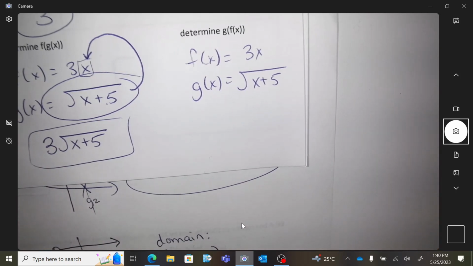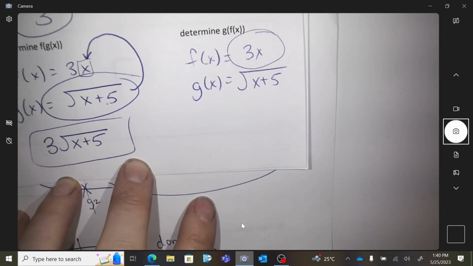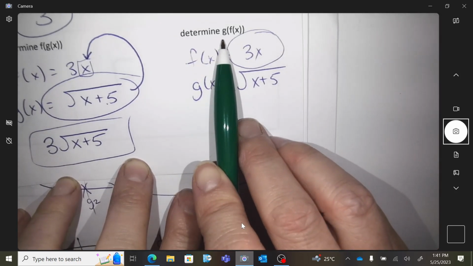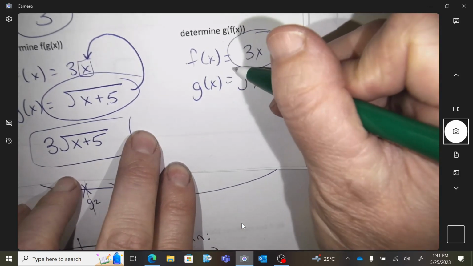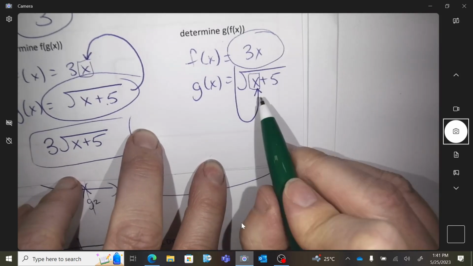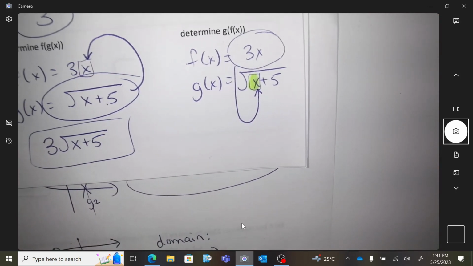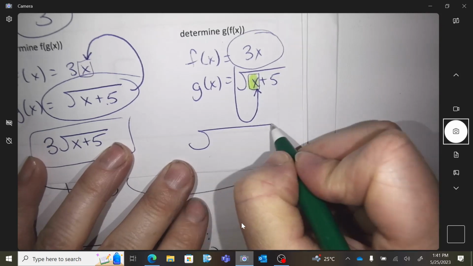Which one is your input? F of x is your input, and it says you're inputting into the g function. So I'm going to replace that, make the replacement, so it's going to look like this.